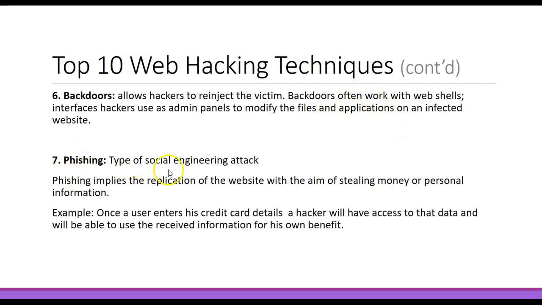Phishing, it's one type of social engineering attack. Okay, so in a phishing attack, phishing implies the replication of a website with the aim of stealing money or personal information. For example, there is a very well-known website, like Bank Muscat website.